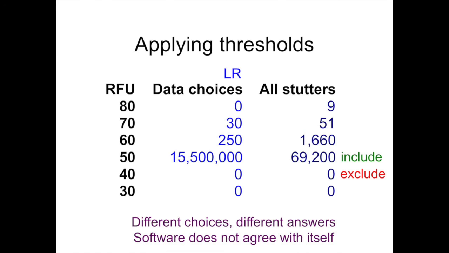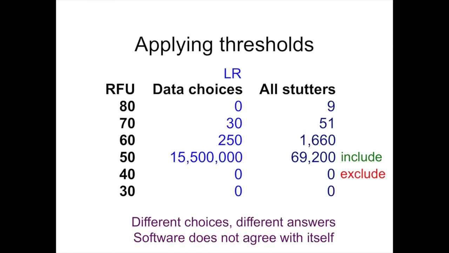When the defense tested lower thresholds of 30 or 40 RFU using the same software parameters, that inclusionary number dropped to 0, indicating exclusion. On a peak height scale that goes up to 10,000, 10 RFU is 1 part in 1,000.